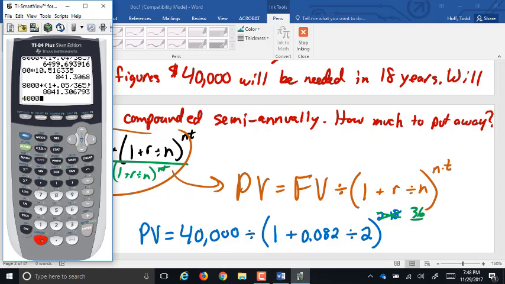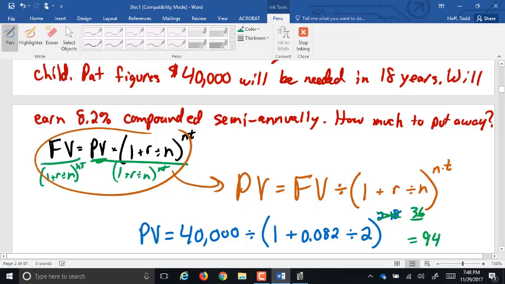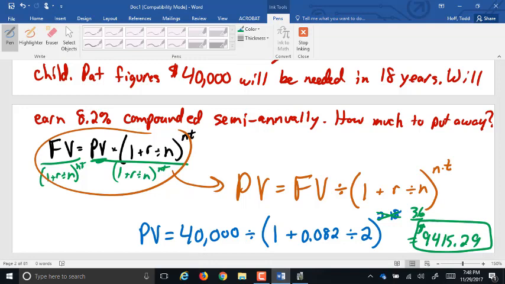So 40,000. We have to remember to hit divide now instead of times. Parentheses 1 plus 0.082 divided by the 2 for semi-annually, to the power of 36. 9,415.29. So to accomplish that $40,000, Pat would have to put away a little over $9,400 right now.